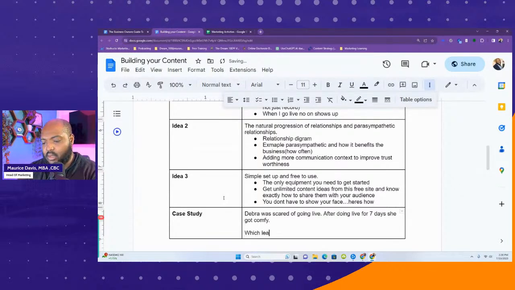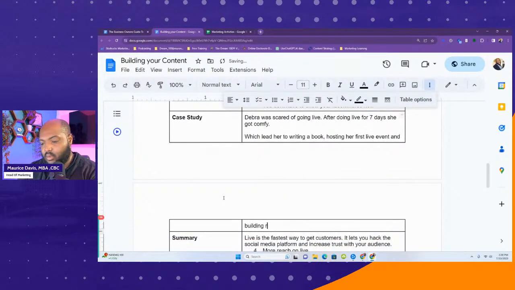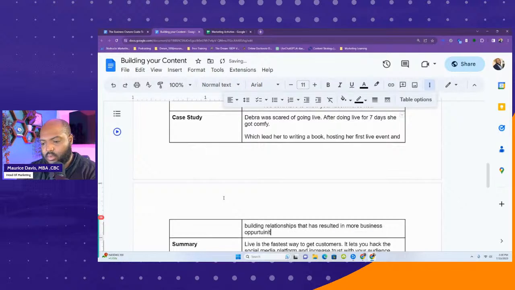Which led her to writing a book, hosting her first live event, and building relationships that have built it and more business opportunities.